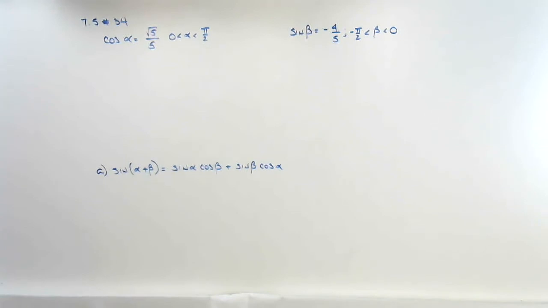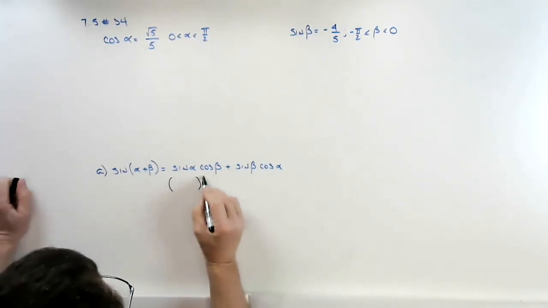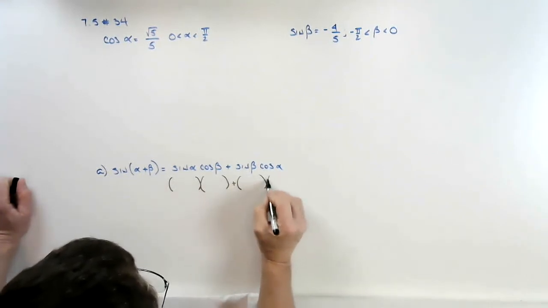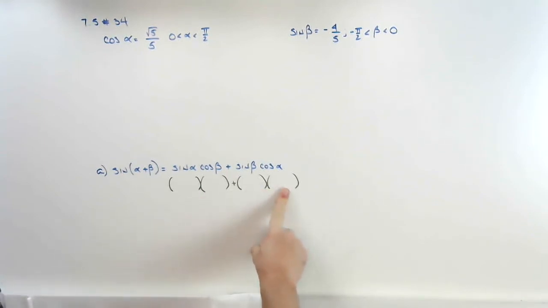Now, for us to answer the question, we have to find each of these 4 values. The way I like to do that is I like to represent this as a fill in the blank problem. So we have this number we have to find, this number, this number, and this number.